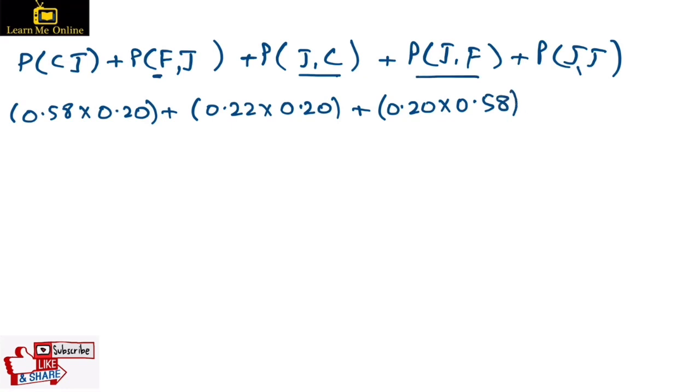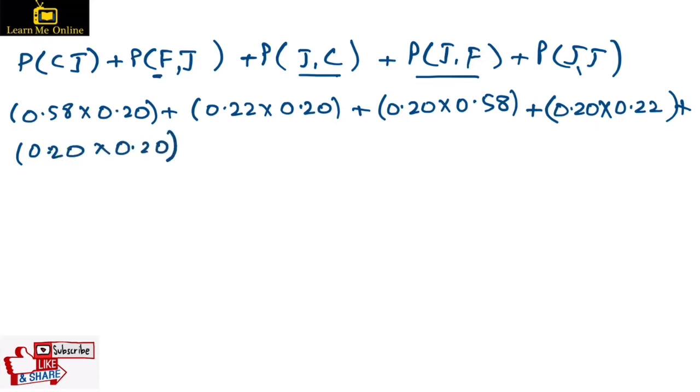The other one is the probability with the jazz and F. So jazz we know is 0.20 and F is 0.22. And the last, we're going to write down jazz and jazz, so that would be 0.20 times 0.20. When you simplify all of them together, you'll come out with the answer, which is 0.36.